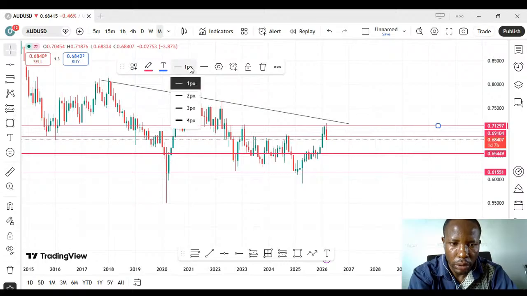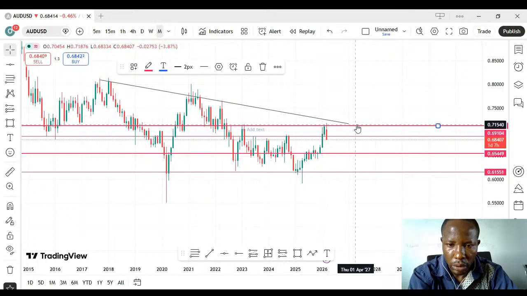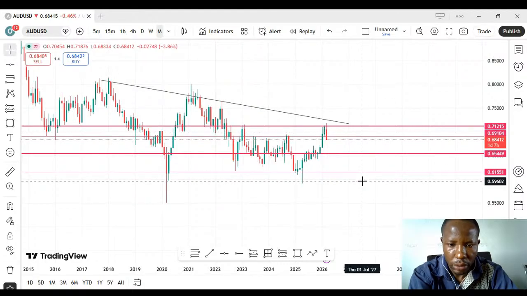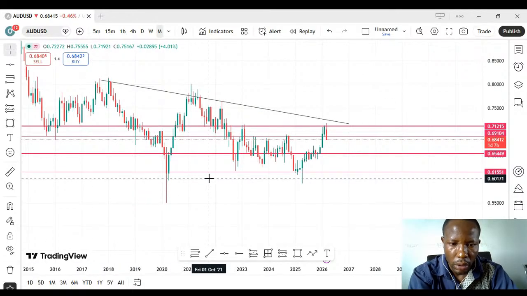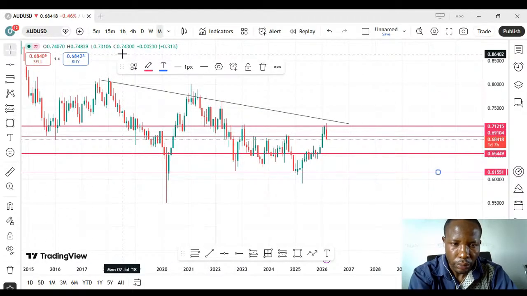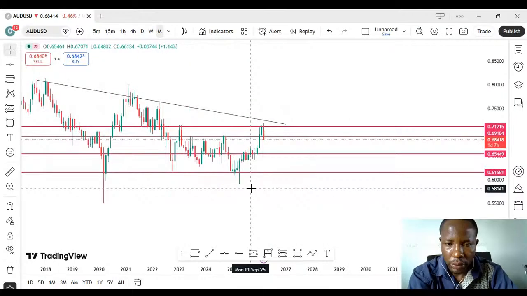These are the main zones of the chart. See, this is the one that started pushing this price back out. So these are our main zones.